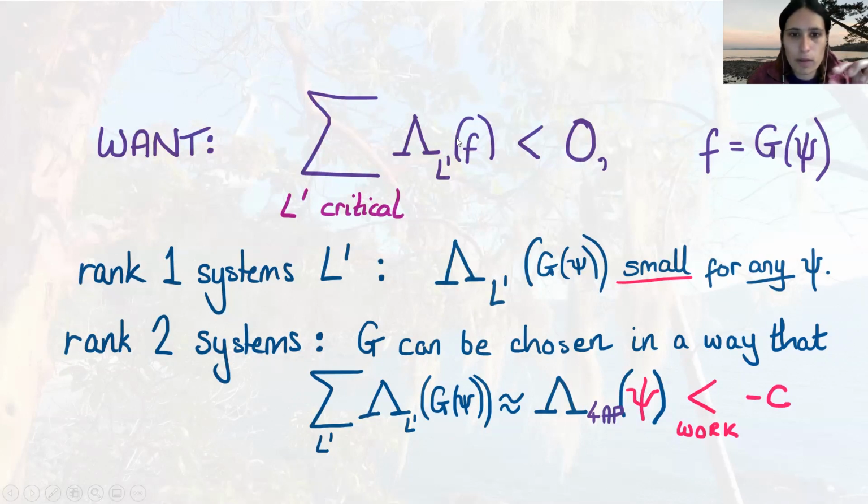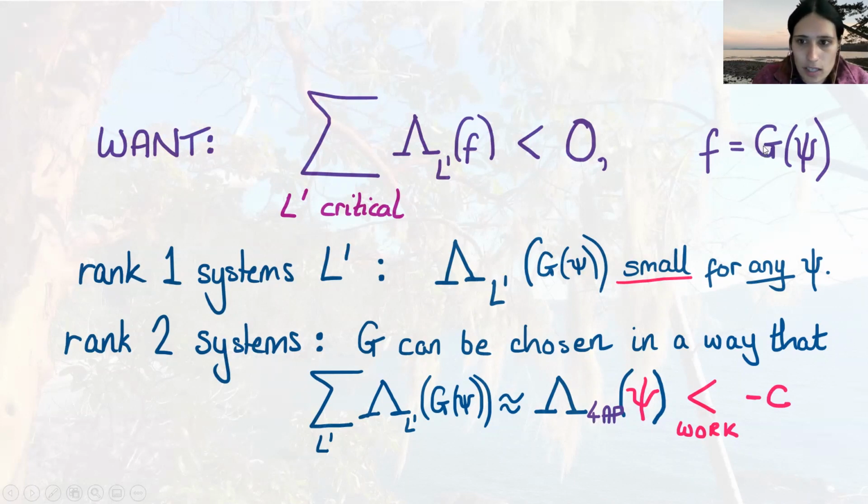So we let f be equal to g of psi. The g is very nice because firstly it kills the contribution from the rank 1 systems. And if we look at the rank 2 systems, you can pick this in such a way, and I'm waving my hands here, that essentially it pulls out the contribution from the 4-term arithmetic progression.